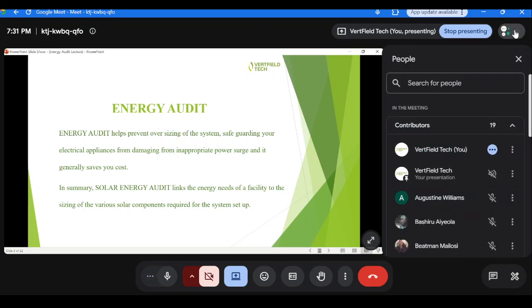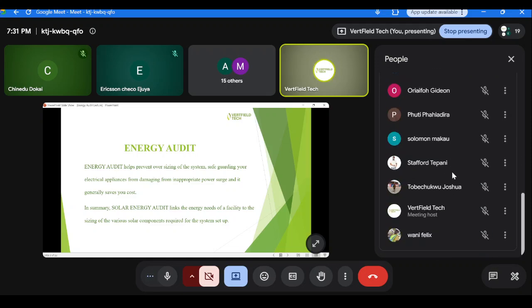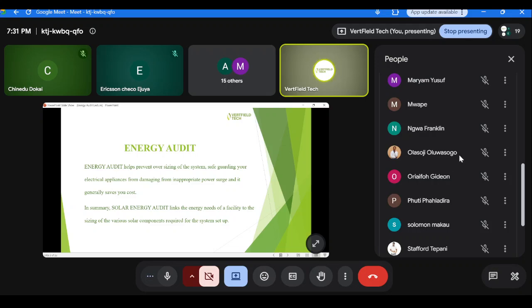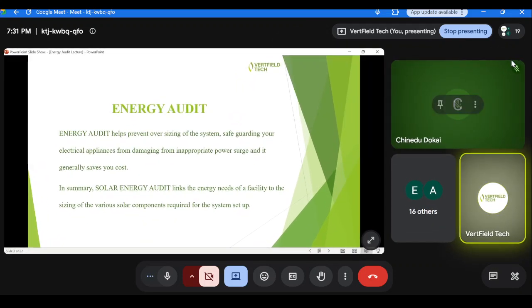If she had invited us for a solar installation, and we didn't do the needful by carrying out a proper energy audit on that facility, by firstly trying to know what is to be installed, what is to be powered, and at what time those things are to be powered, we will be making a mistake and in turn oversize that system.